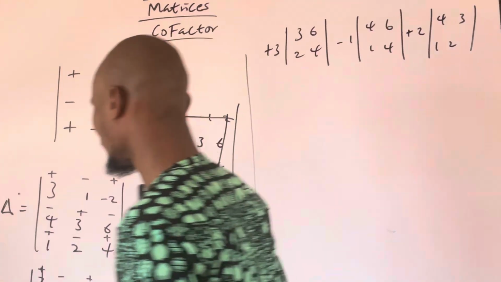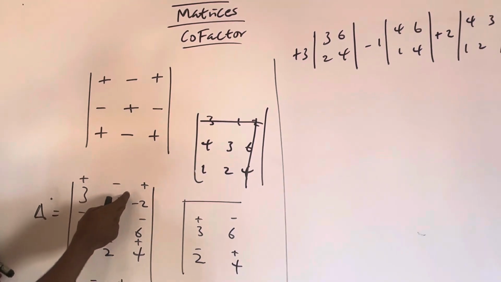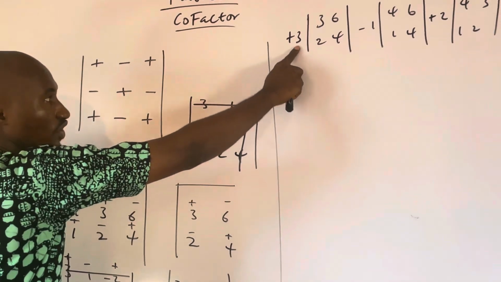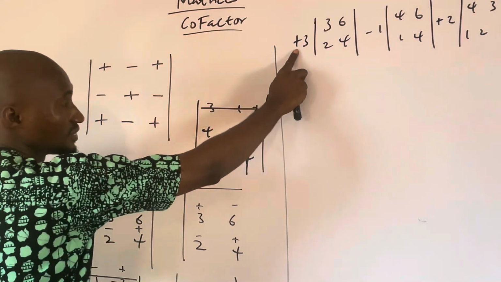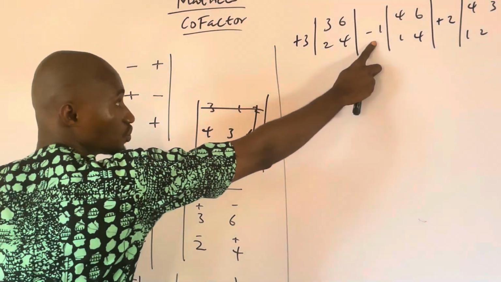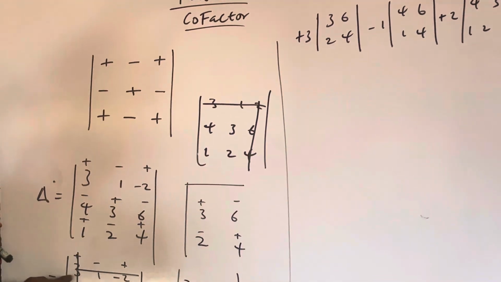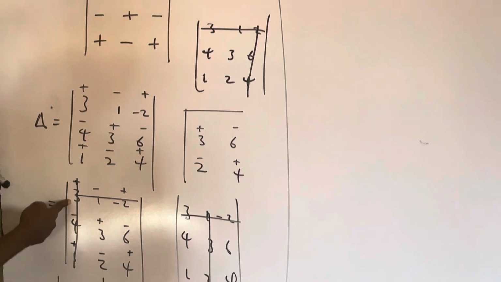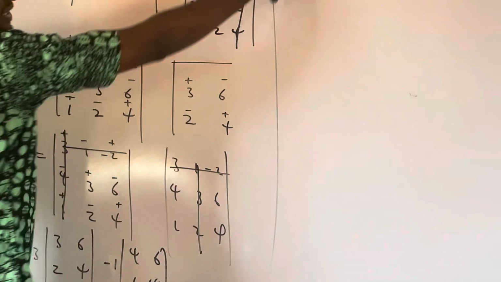Now let me explain. The essence of these signs is for place like this. The reason for this sign is this: plus 3, minus 1, plus 2. Do you get? So at 3, we have plus on top. That is why we have plus 3 here.